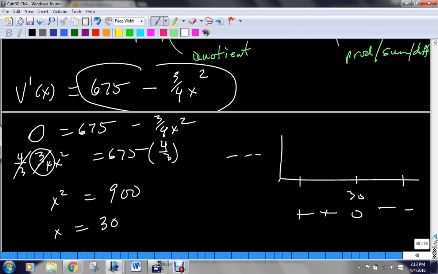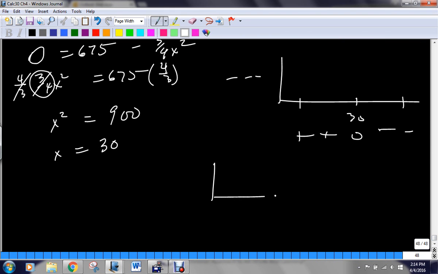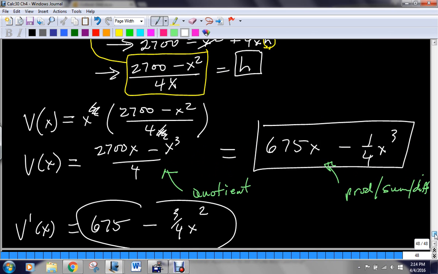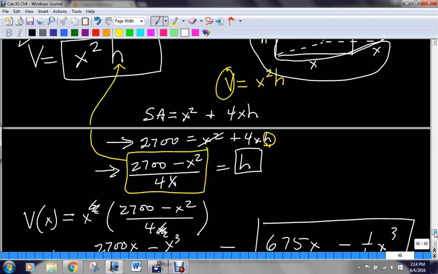So we want to find the largest possible value for the box. So this box actually looks like this. It's 30 by 30 by, we don't know. How do we find that out? Well, we go back here and say, well, how can we figure out the other stuff?